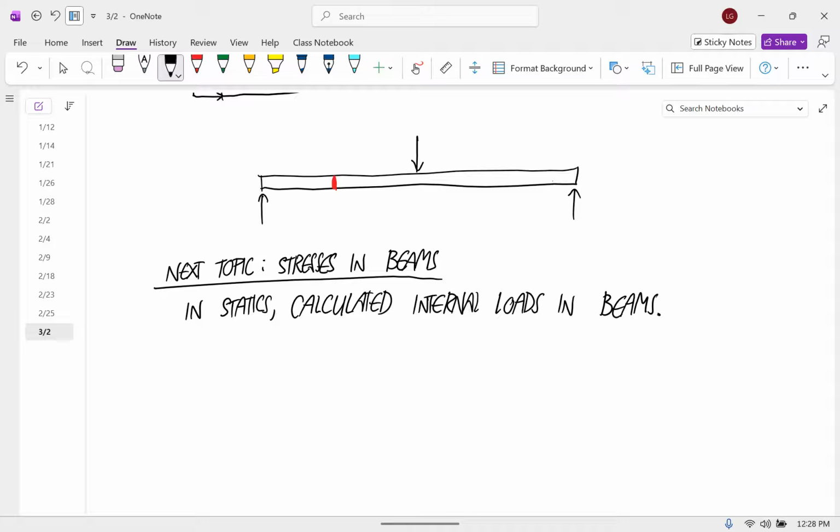So those start to give you a little sense of how concerned you are about a beam breaking, but it's missing some important stuff.